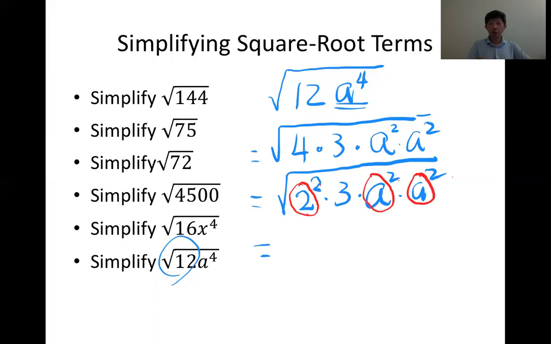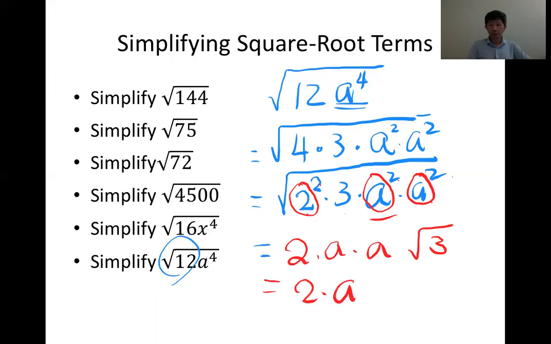So 2, yes. a, yes. a, yes. And which one can I not cancel? Only the square root of 3. So the square root of 3 stays there. So 2 times a times a, which is a squared. That will be the answer for this problem, okay?